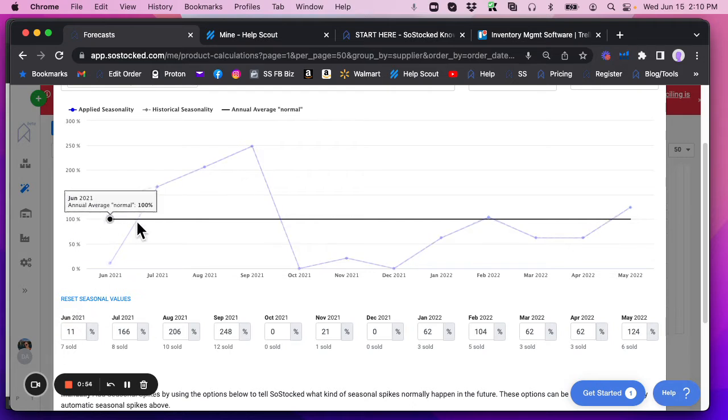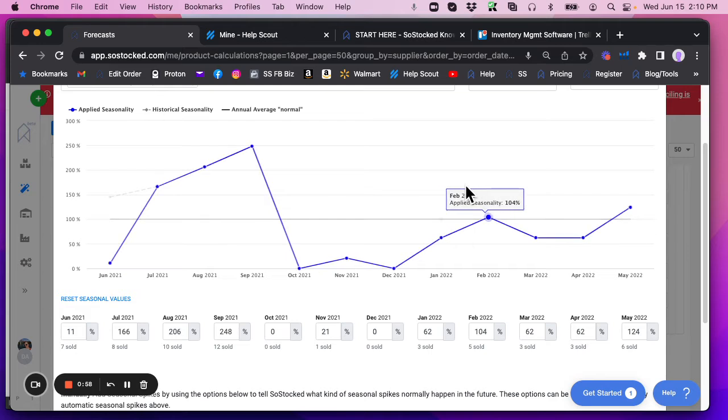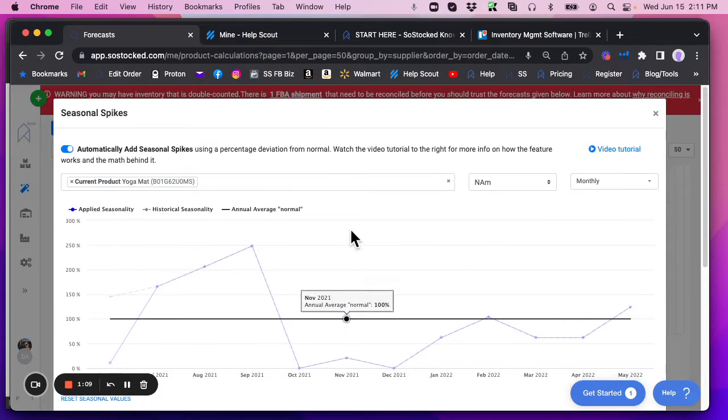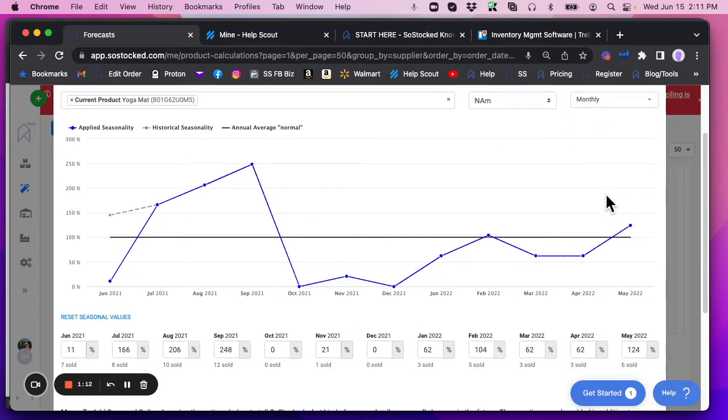That equation would solve for what the new normal is, and all of these would be based off of that normal line. So in this example, 7 units divided by 11% equals a normal of 63 units sold per period, in this case per month.